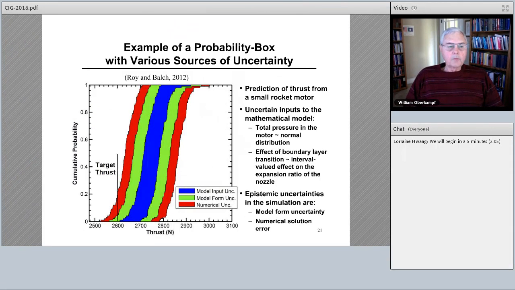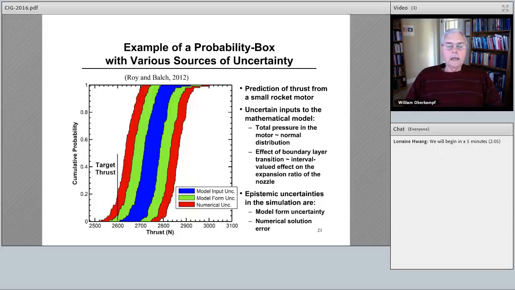This is an example of what something looks like if you use imprecise probability theory. This particularly uses a probability box, from work by Chris Roy, my co-author at Virginia Tech, and a PhD student working with him, Michael Balch. They did a non-deterministic, imprecise probability prediction of the performance of a rocket motor due to different kinds of uncertain inputs.